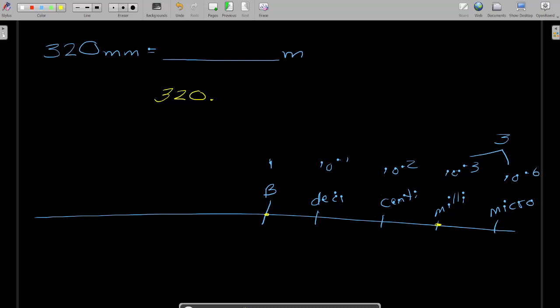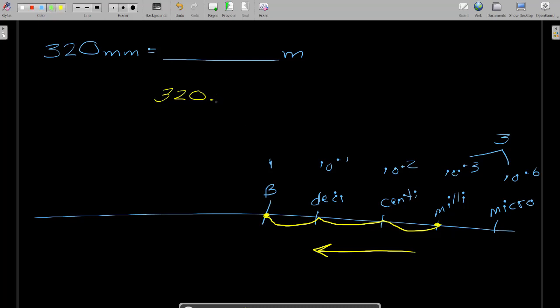Step 3 was to count the number of spaces you have to go from your starting point to your finishing point. So that is 1, 2, 3 spaces to the left. And then step 4 was to move your decimal that number of spaces in that direction.